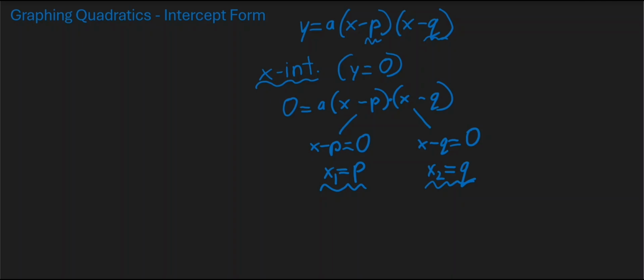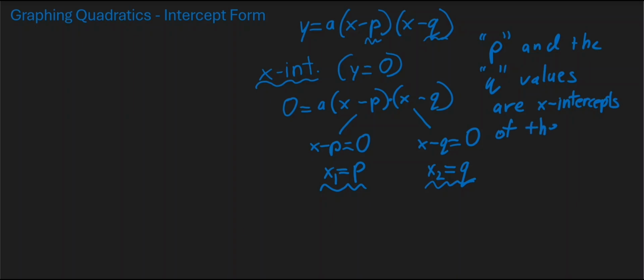So let's put that here. The p and the q values are x-intercepts of the parabola.